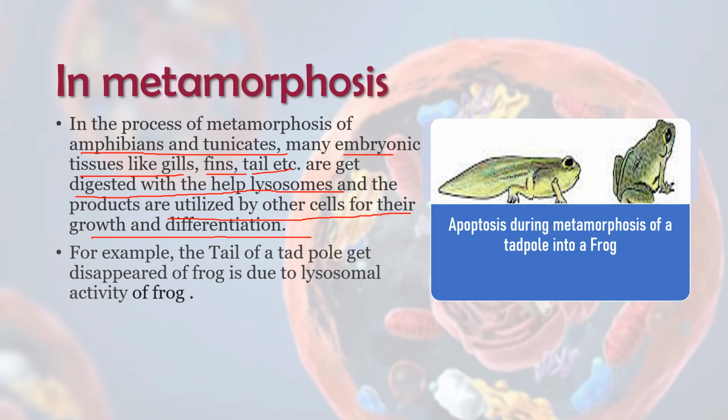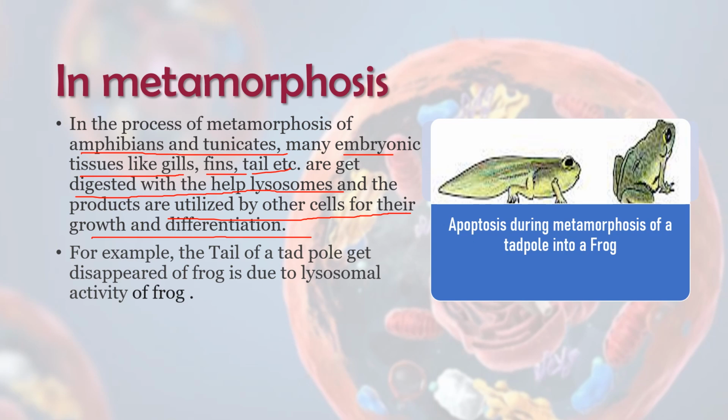So in metamorphosis, some embryonic characters present in the embryonic stage are digested with the help of lysosomes, and the products from the digested parts are utilized by other cells for their growth and differentiation.